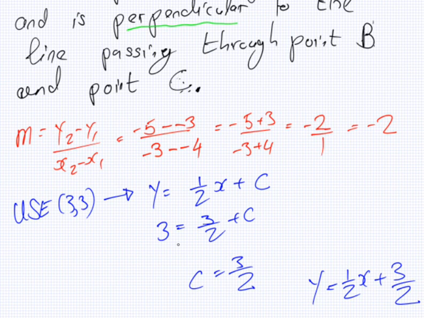Originally the slope was minus 2, or minus 2 over 1 basically. So then it becomes 1 over 2, and the minus becomes a plus. When you flip that, that's 1 over 2, and the minus becomes a plus. So that's why the m is a half. Okay, this is okay?